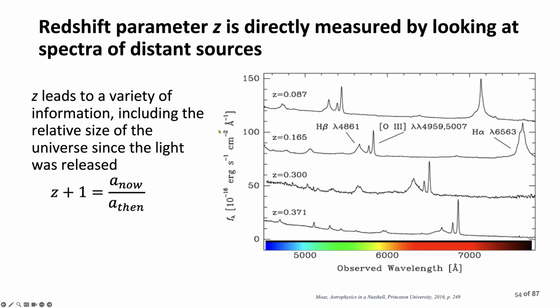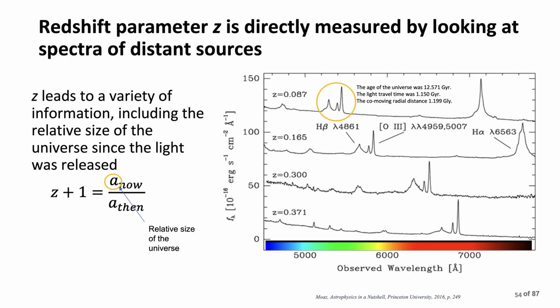And that's what Z indicates. The Z number tells us the amount of redshift. You see these are successively larger, and you can see the spectral shift here. So a large Z indicates how fast an object is moving away.